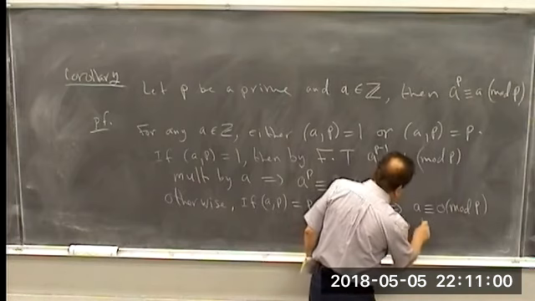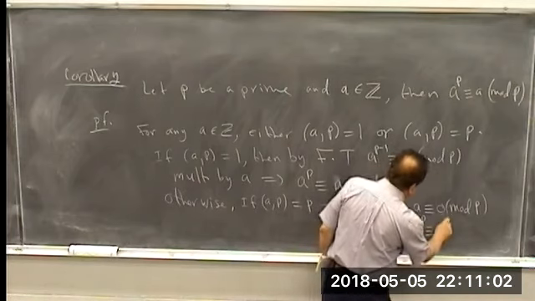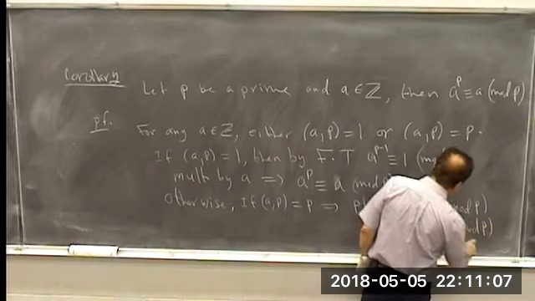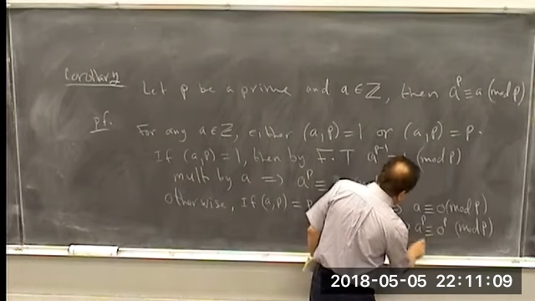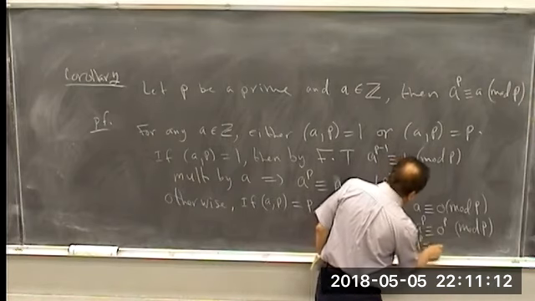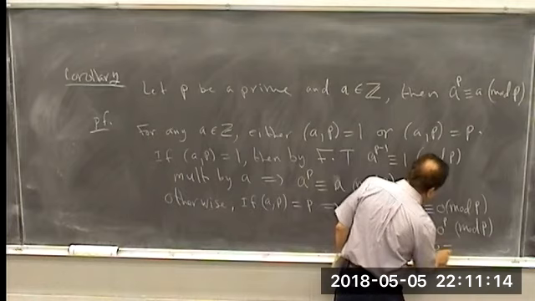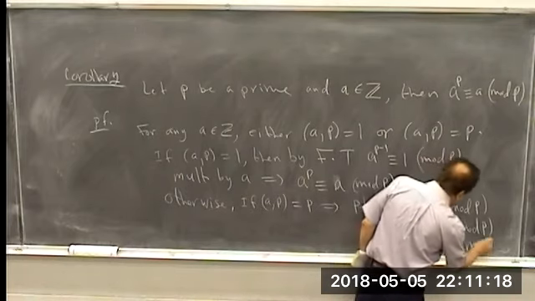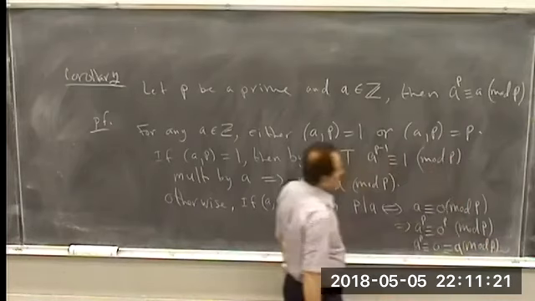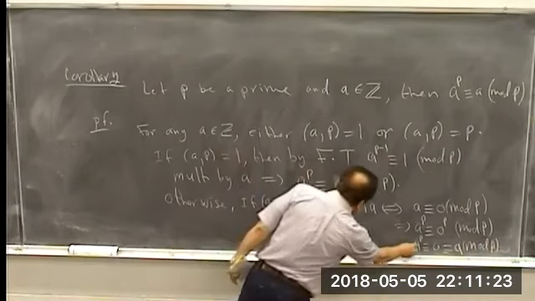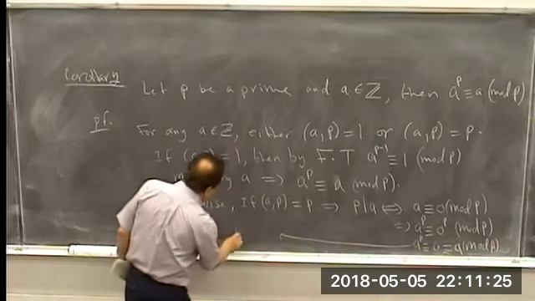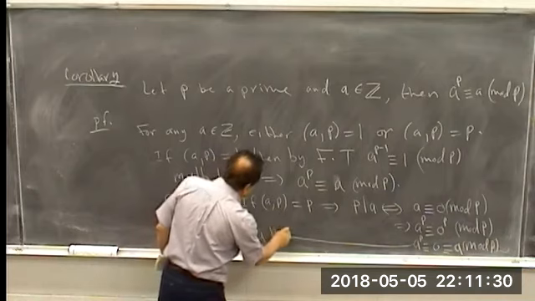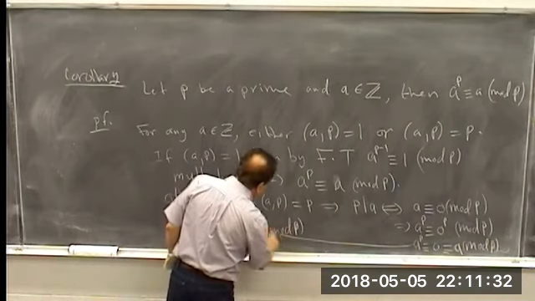So this is a to the p is congruent to 0 to the p mod p, and this means that a to the p is congruent to 0, but a is also congruent to 0 mod p. And we are done. So this just implies that we have a to the p is congruent to a mod p, both of them congruent to 0 mod p. That's all.